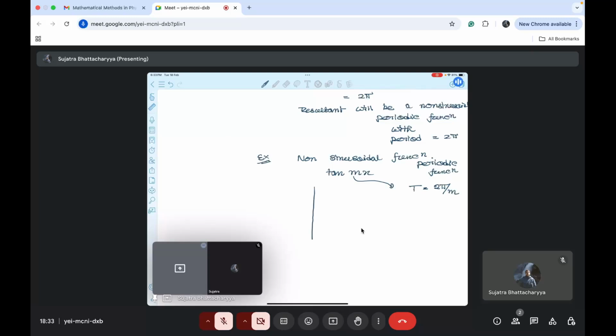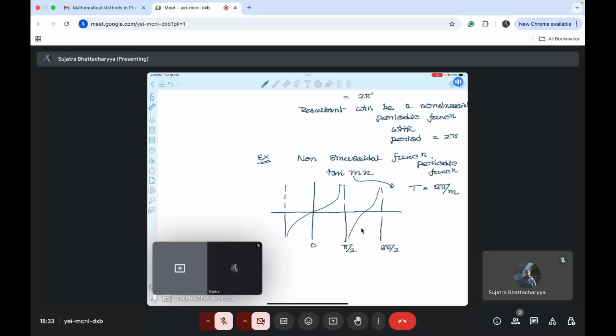How will you represent this? It is something like this, where suppose n is equal to 1. So this is minus pi by 2, pi by 2, and 3 pi by 2. So we will see that the graph looks something like this.